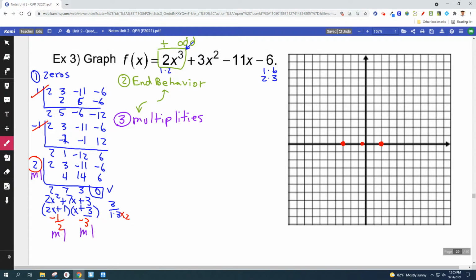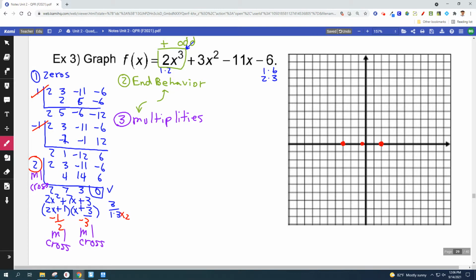Remember, a multiplicity is like a repeated value, okay? And so I know that it's just going to cross. It's going to cross, cross, cross. There's no bounce. There's no wiggle. It's going to just cross the x-axis at each of those 3 points.